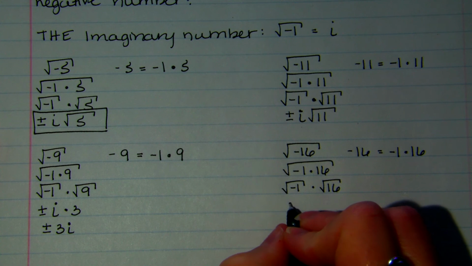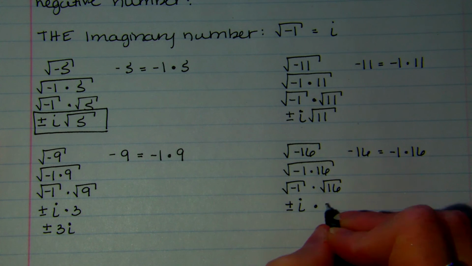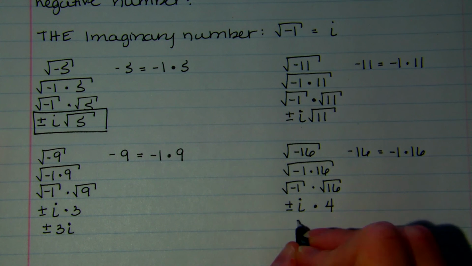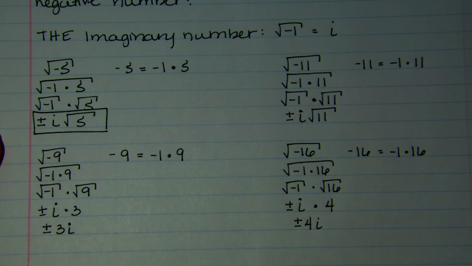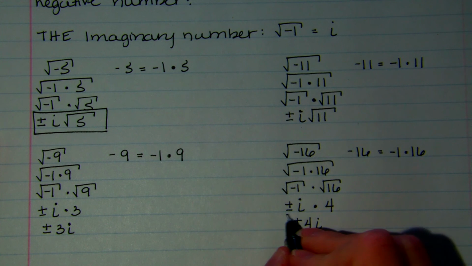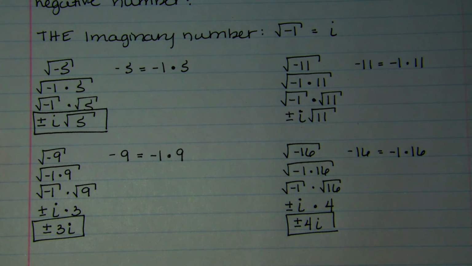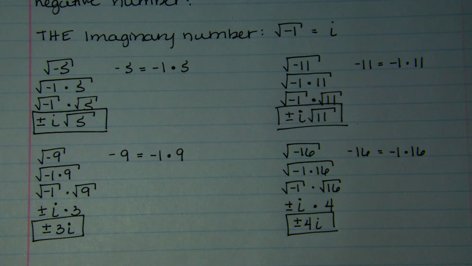And this is plus or minus i times, and the square root of 16 is 4. And we write this as plus or minus 4i, like that. And that is our answer right there. Let's box these just so that it's nice and clear what our answers are. Those are our answers. So we are simplifying square roots that have negative numbers in them.